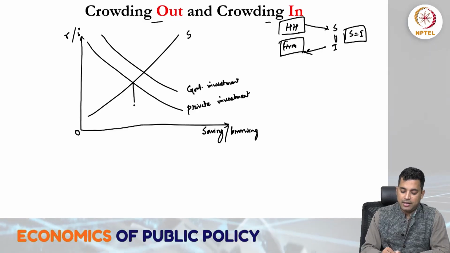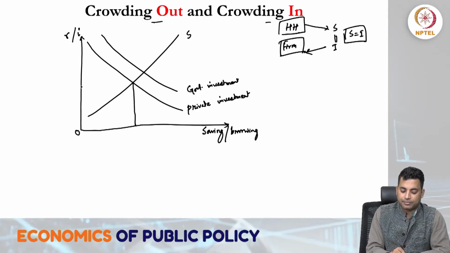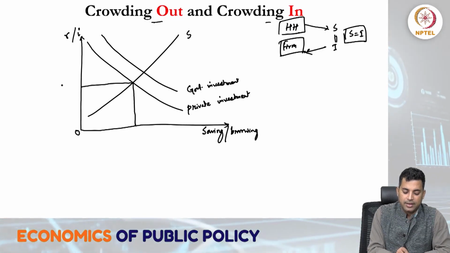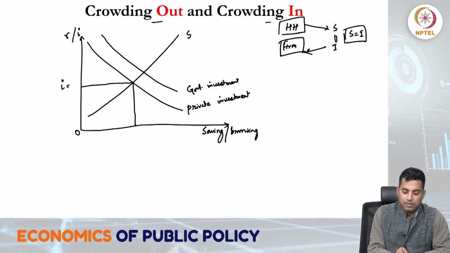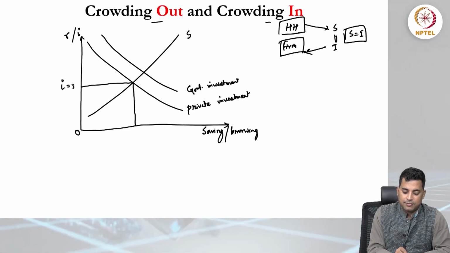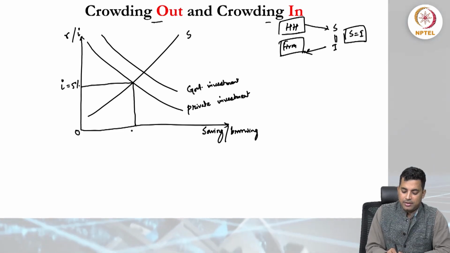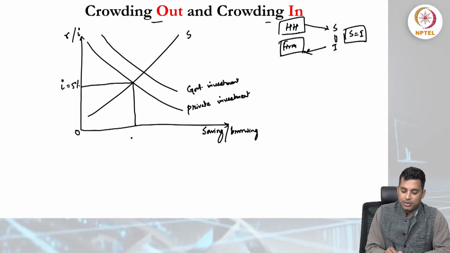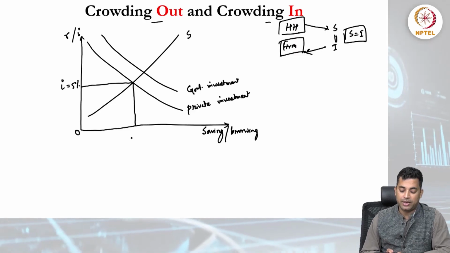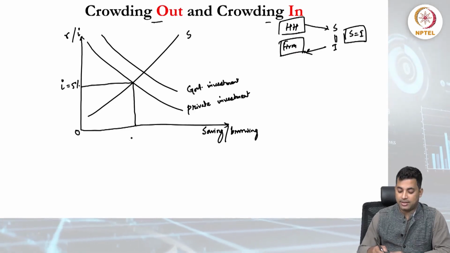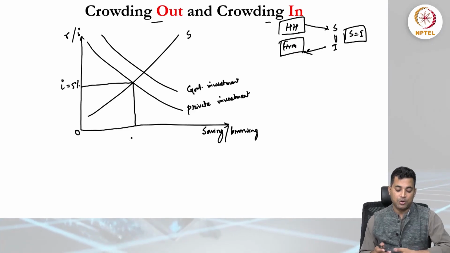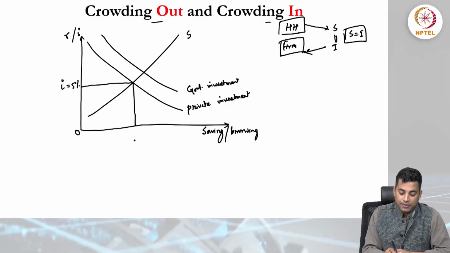You can see here the rate of interest was, say, 5%, and here it is the unit of savings or the amount of borrowing, or we can also consider that this is reflected in the output.